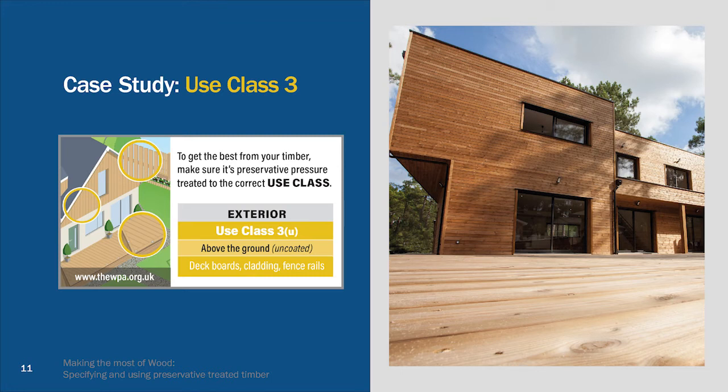Preservative penetration and retention requirements for common use class 3 uncoated components are set to offer a minimum 15-year service life, with the option of an extension to 30. Preservative penetration and retention requirements for common use class 3C, that's coated components, are set to offer a minimum 30-year desired service life.